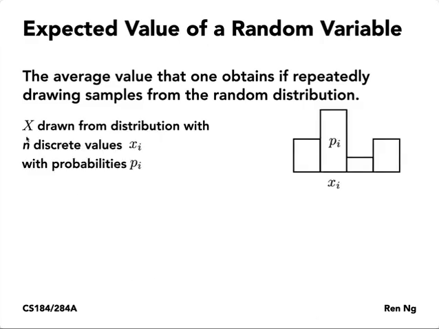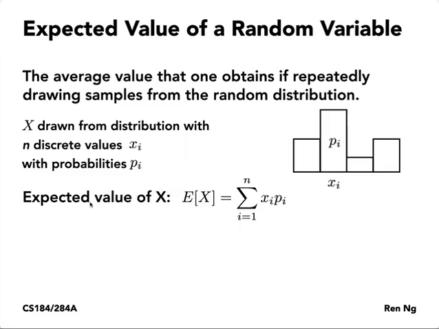If capital X, again, is that random variable drawn from that distribution, and there are little n discrete values x sub I with probabilities P sub I, then the expected value of capital X, which we write as E with square brackets of that random variable capital X, is the notation that we'll use, is equal exactly to the sum of each of the possible values x sub I that we could get randomly multiplied by the probability that we actually get that value, which is p sub I. So it's the sum from I equals 1 up to n of x sub I times p sub I.